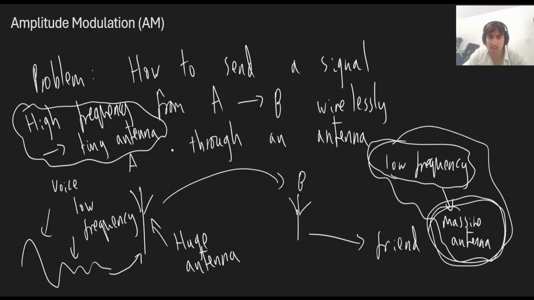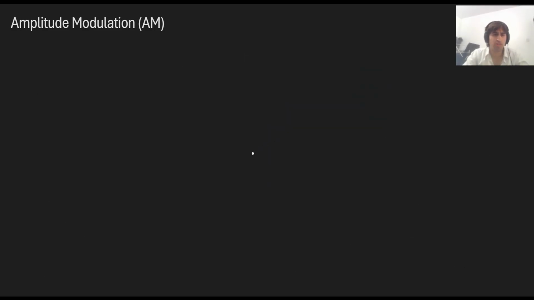But the problem here now is we need high frequency to have a tiny antenna, but voice is a low frequency signal. So how do we get this low frequency voice signal through a tiny antenna? Well, that's what amplitude modulation tries to solve. So how does amplitude modulation allow us to send our low frequency voice signal wirelessly through a tiny antenna?